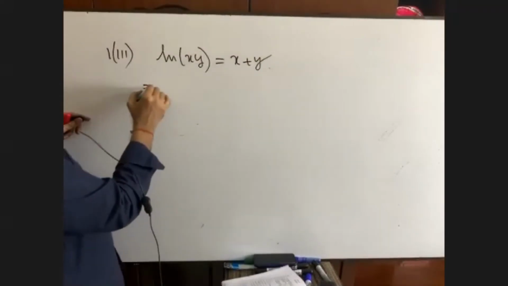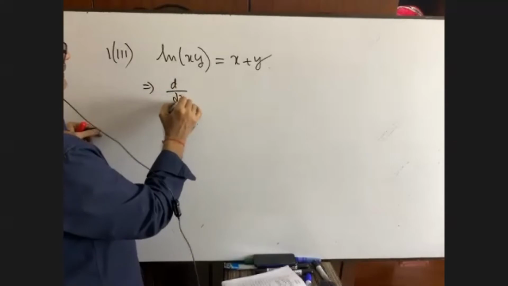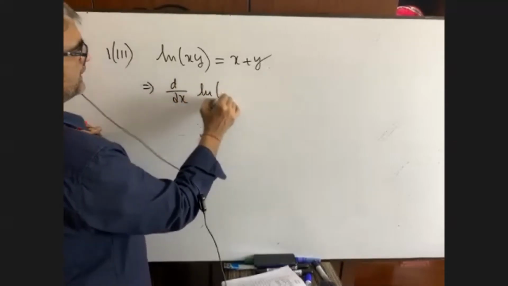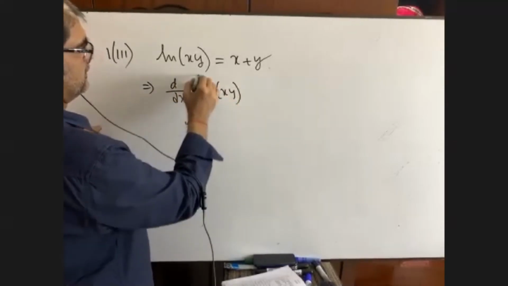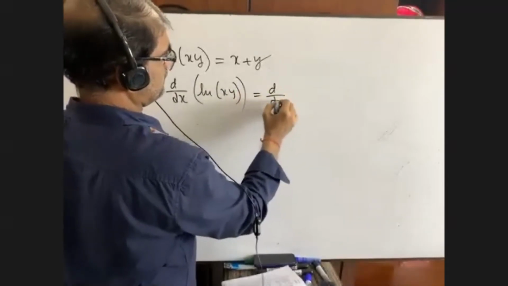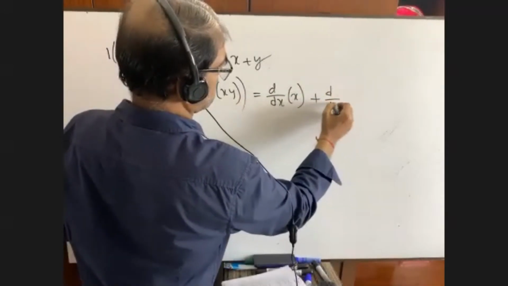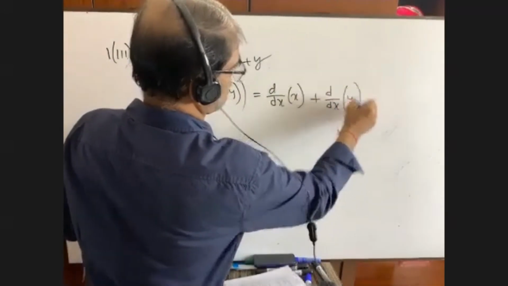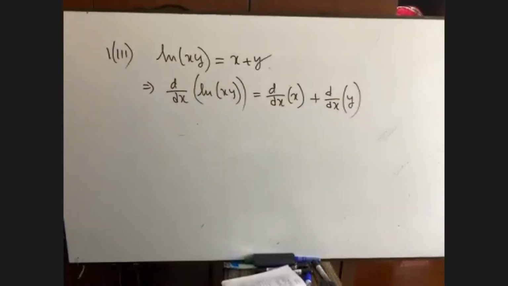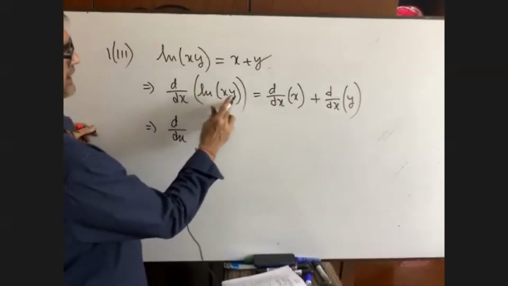Can you do it? d by dx of ln xy is equal to d by dx of x plus y. Talk to me and pay 100% attention for this math. d by dx, it is addition, multiplication.